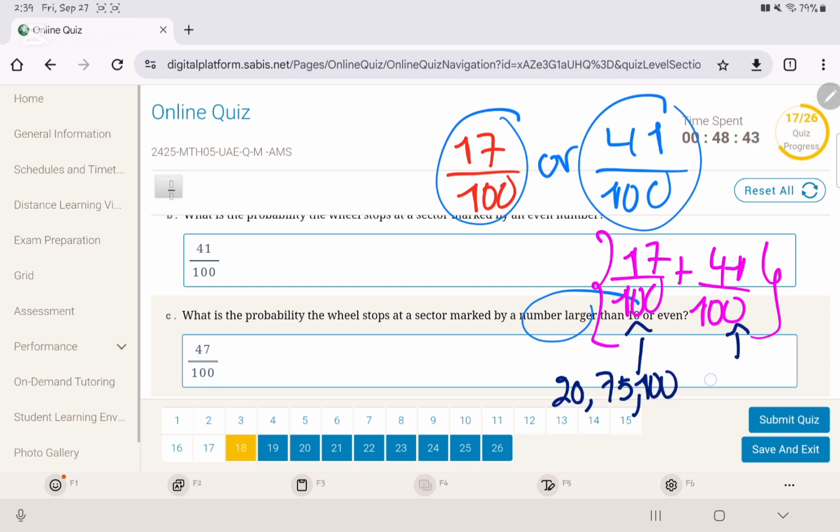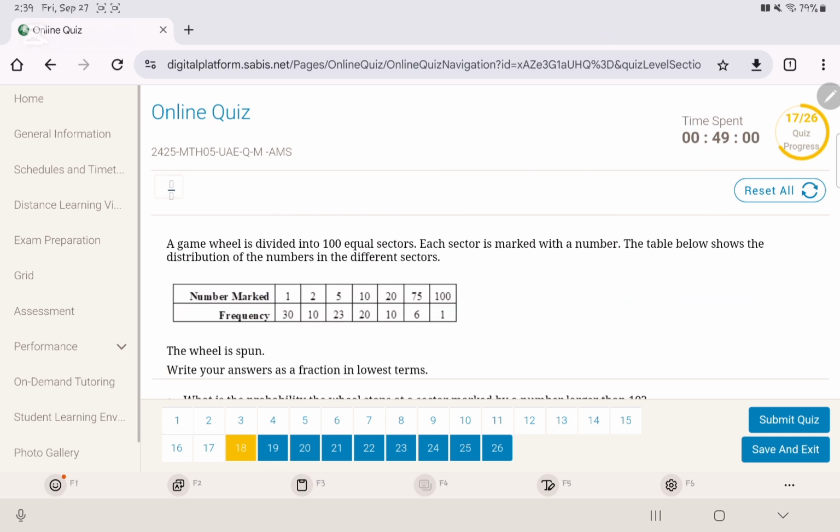And in the even, we have 2, 10, 20, and 100. So we have 20 here and 20 here, and we have 100 here and 100 here. So we're going to go back and take the possibility of 20 and the possibility of 100.